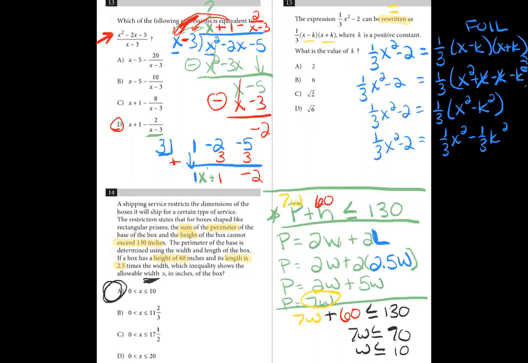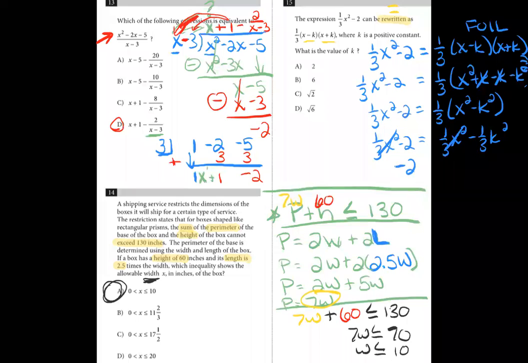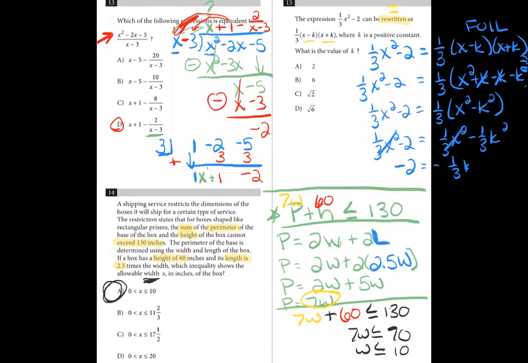If you subtract 1/3 x squared from both sides, which is what allows us to solve for k, right? Because now we only have one variable, one unknown. So if I take my -2 equals -1/3 k squared, I'm going to divide by -1/3. If I'm trying to solve for k, I want k by itself. So that gives me +6 equals k squared. And now it's very easy to solve for k.